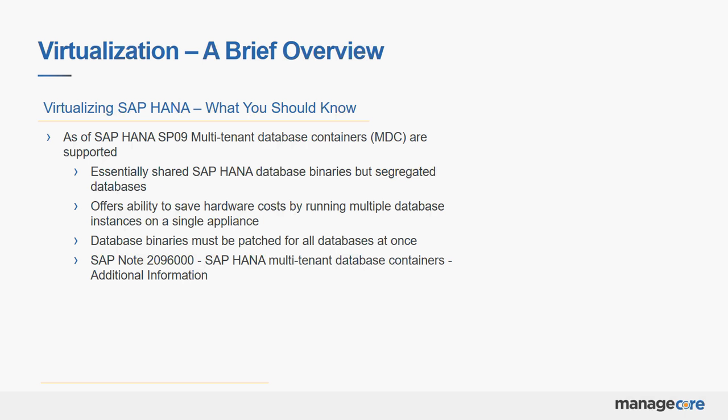Essentially, the databases are segregated out into a single SAP HANA instance that shares its binaries with all those databases. So it allows you to save hardware costs by running multiple SAP products on a single database instance, but with separate databases.